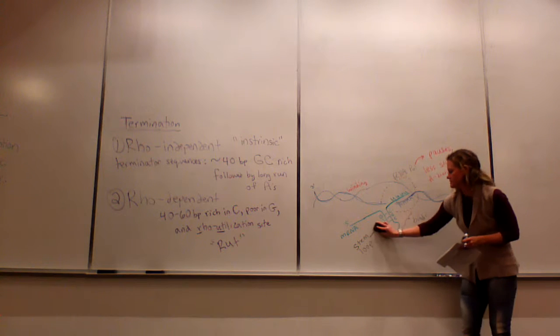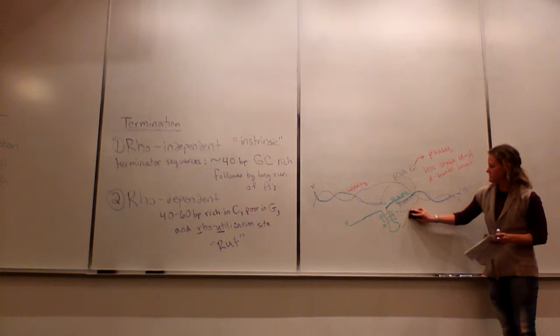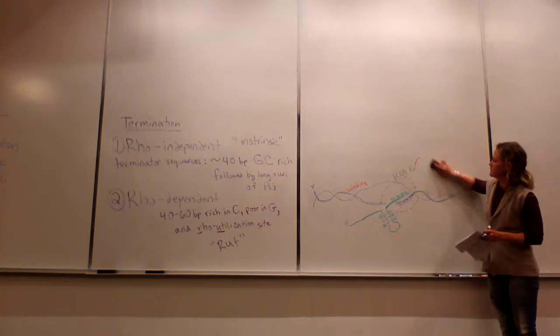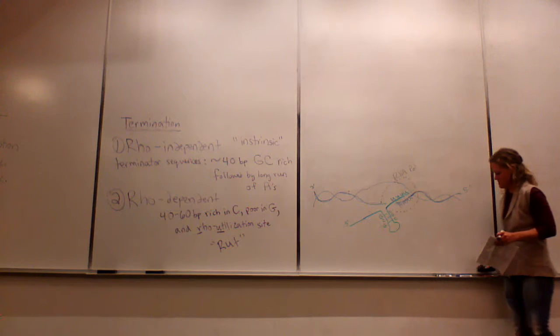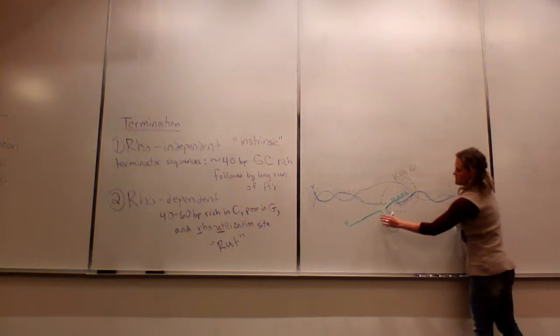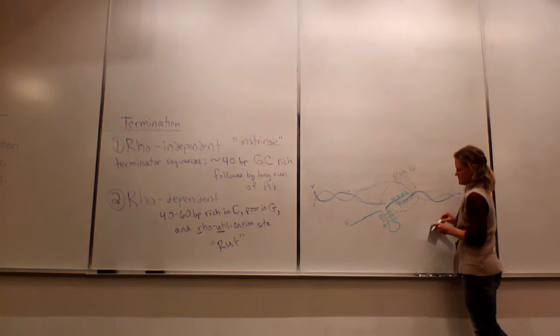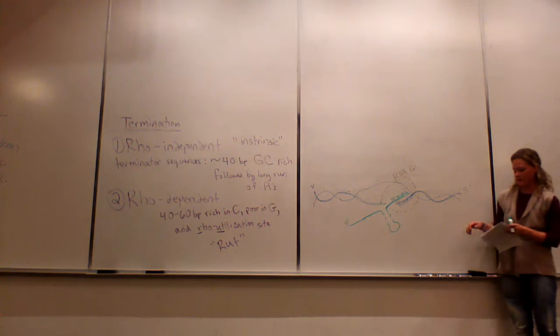So what this looks like here, we'll just keep using this similar setup. We have the same basic setup where you have your DNA. We don't have the big GC region, but it still forms a stem loop in this area.